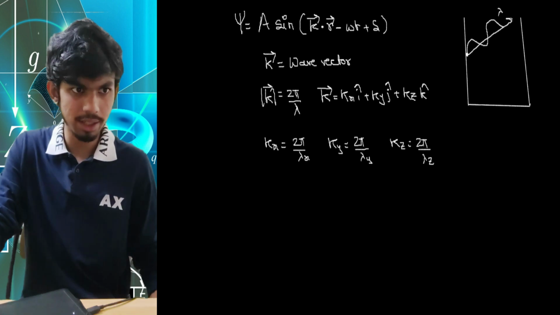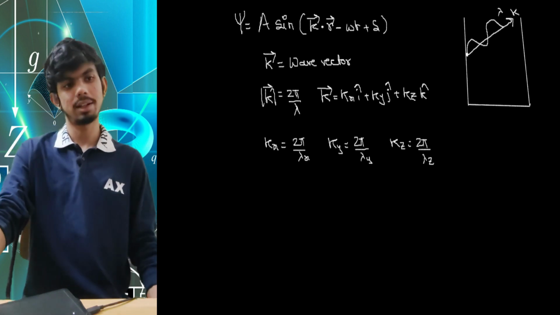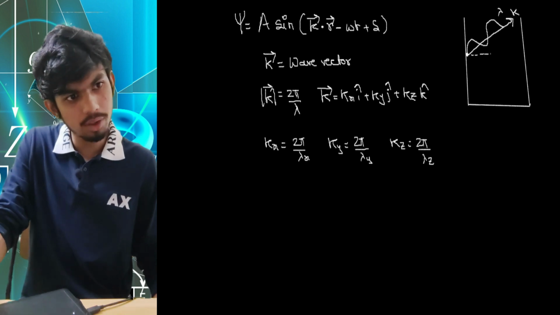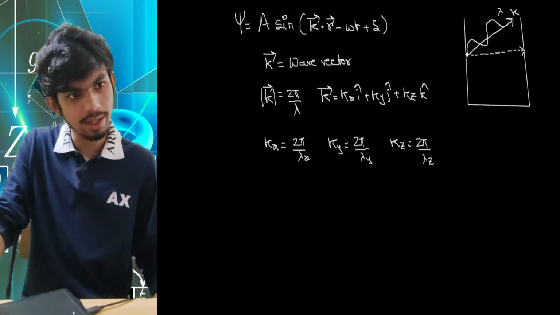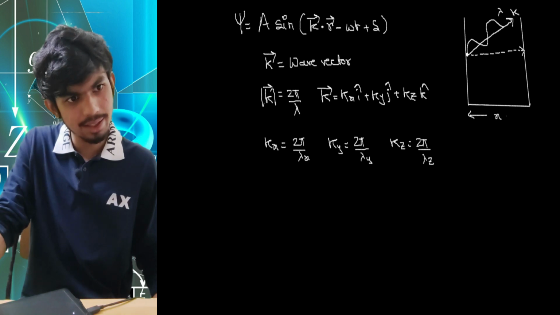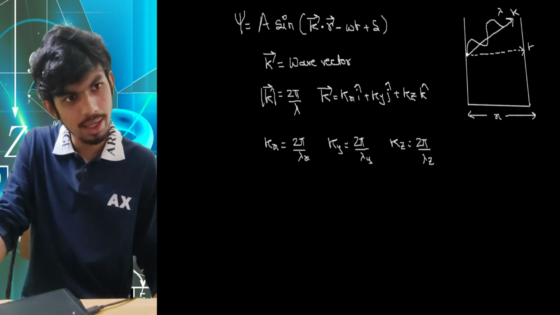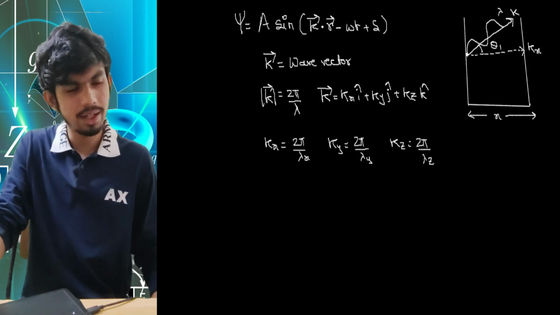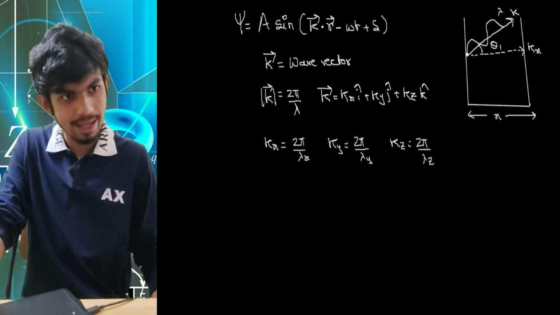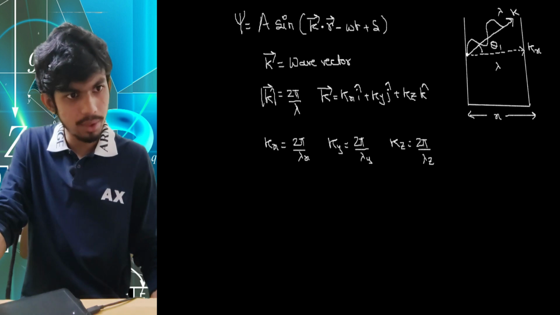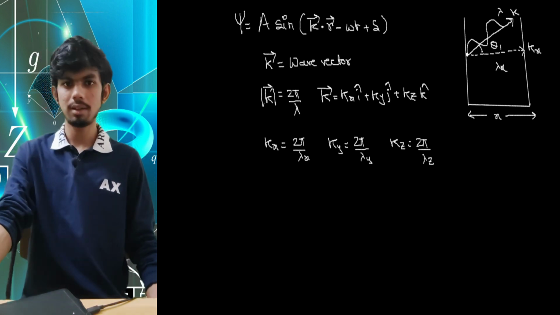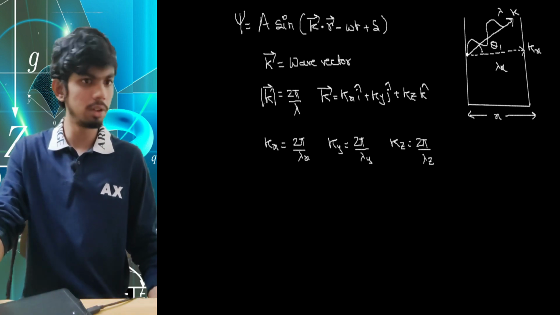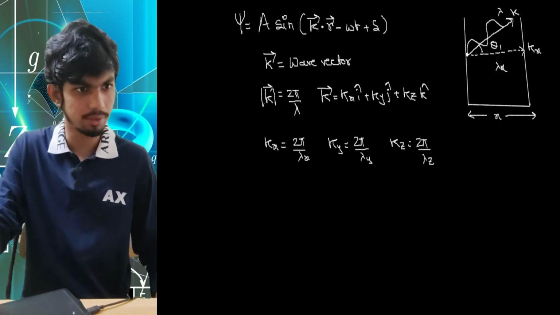I'll consider this direction as the k direction, alright? And similarly, I'll have a component of k along this axis. If this is my x-axis, then this will be kx. I'll consider this angle to be theta 1, right? And so along kx, the wavelength will be lambda x. Okay, clear?